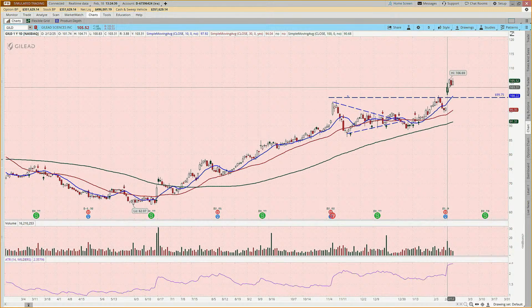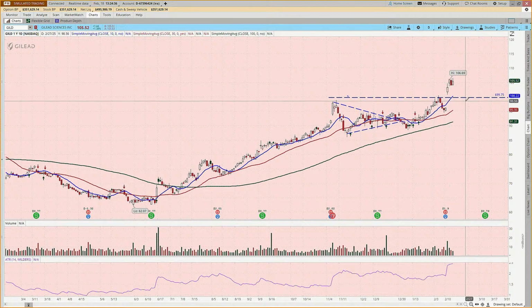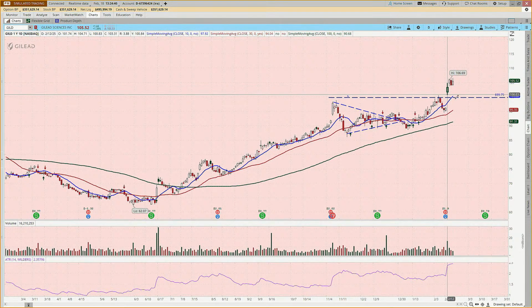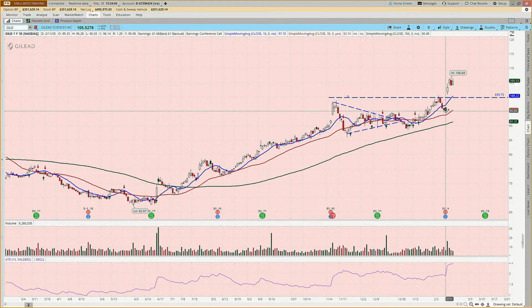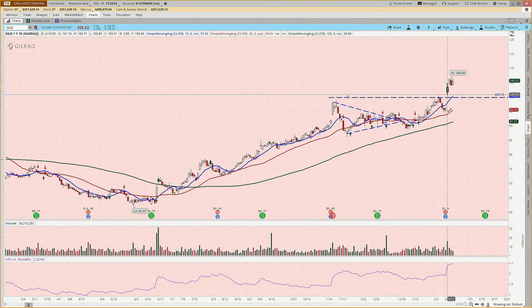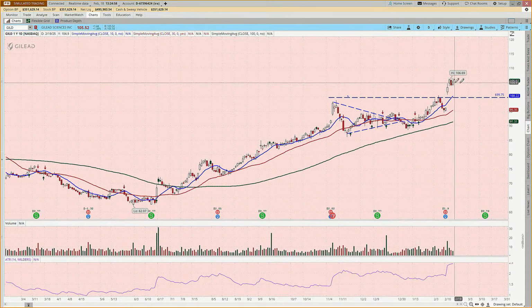So $100.83 times 0.97. We could have our stop at 97.80, which is still actually below this line here, based on the low of this day. And then where might we want to put a target? Well, we could base our target on this flag here, because it's at 105.52 right now.